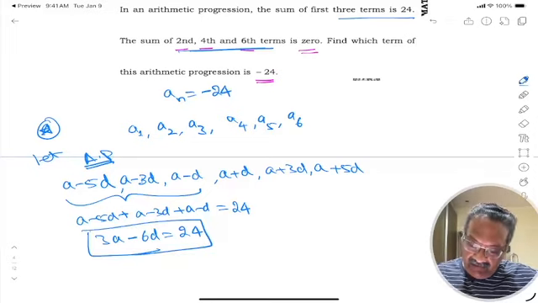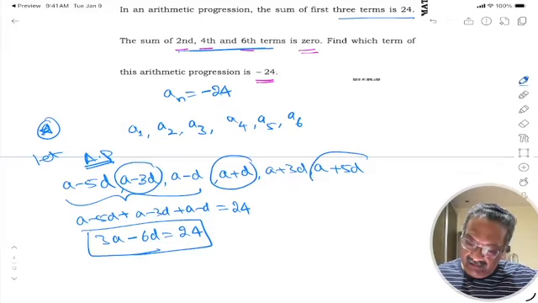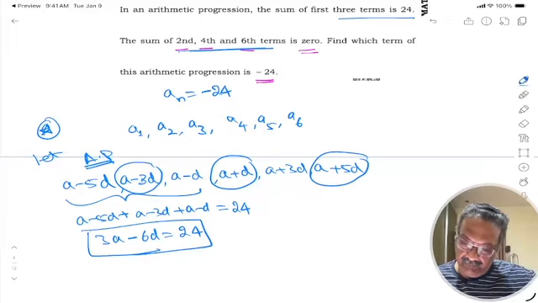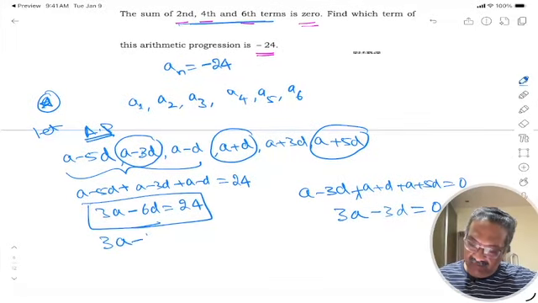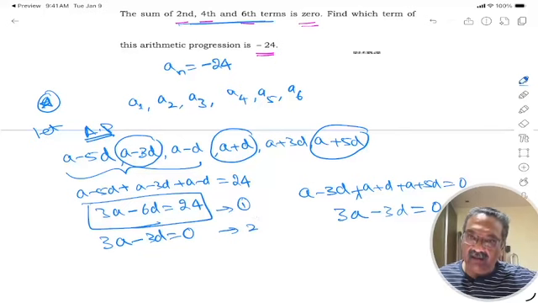Now the second term, fourth term and sixth term. The sum of the second, fourth and sixth terms is 0. That is A minus 3D plus A plus D plus A plus 5D is 0, or 3A plus 3D is equal to 0. So we get 3A plus 3D is equal to 0 as another equation.